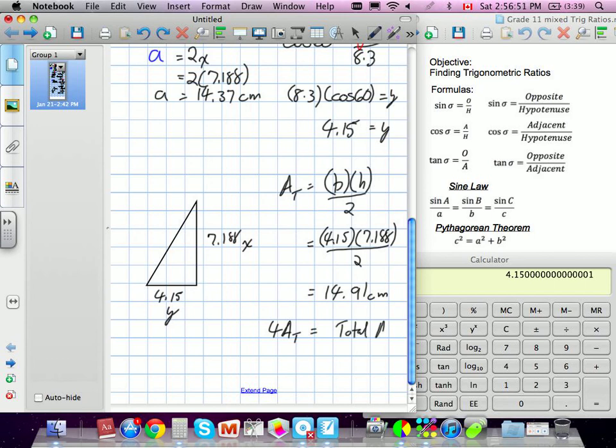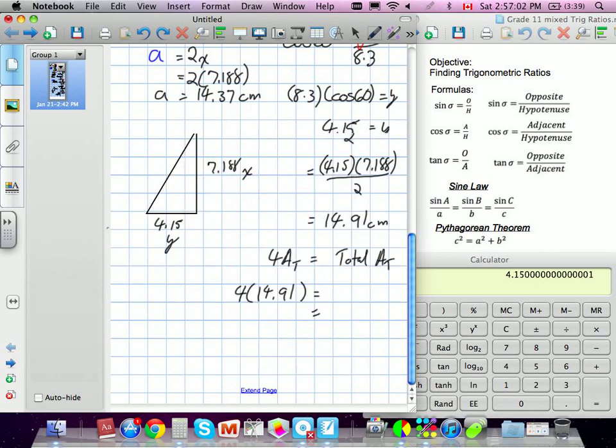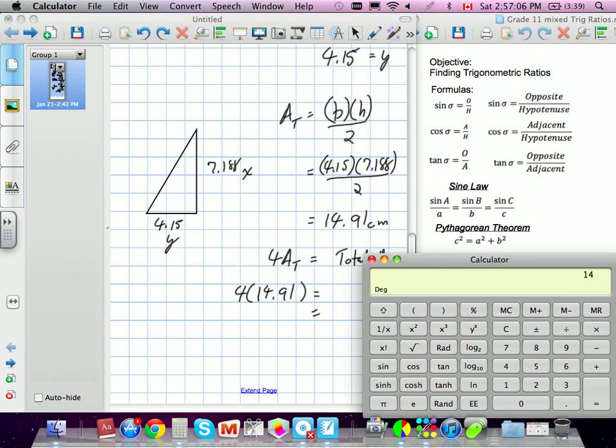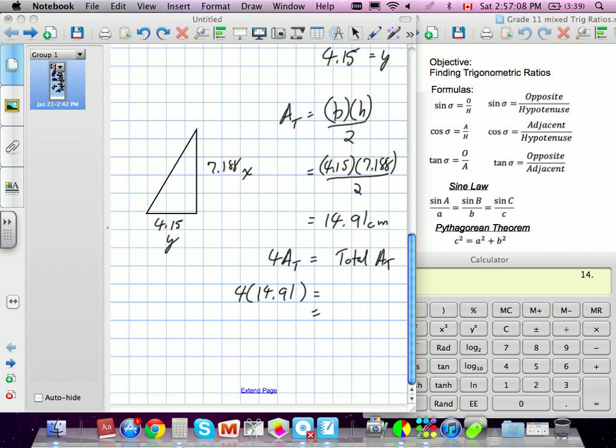So our area of a triangle was 14.91, so we do 4 times 14.91, right? So what's the total area of all those triangles? 59.64. Okay. 59.64, is that what you said? Centimeters squared. That's important, right? So that's the total area of the triangles.